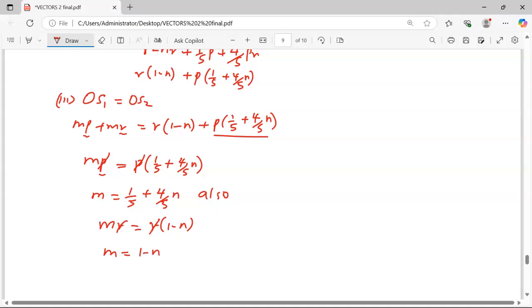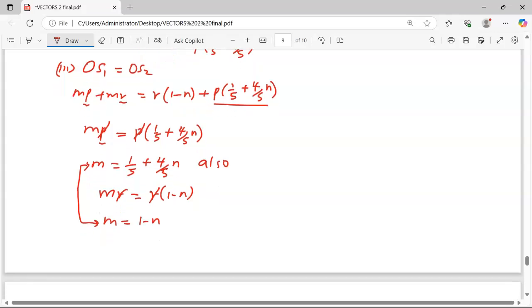We can now equate the two. M and M will be equated such that 1 minus N will be equal to 1/5 plus 4/5 N. Having done that, we can now collect the like terms.